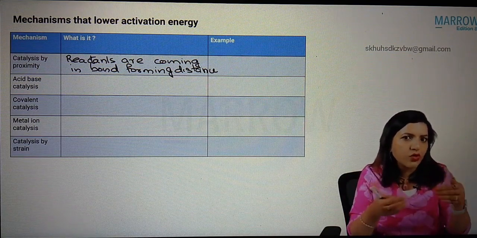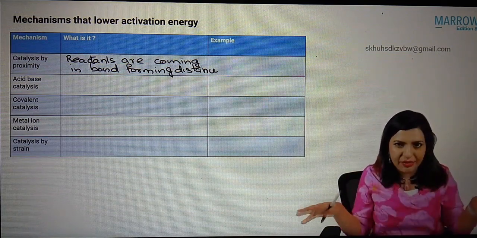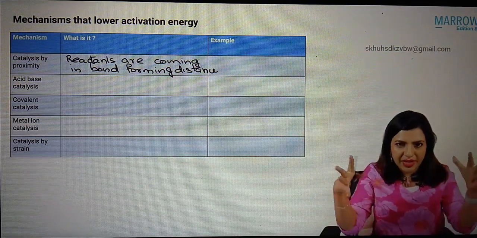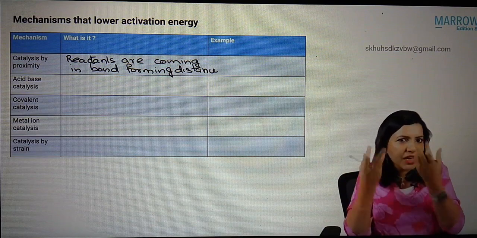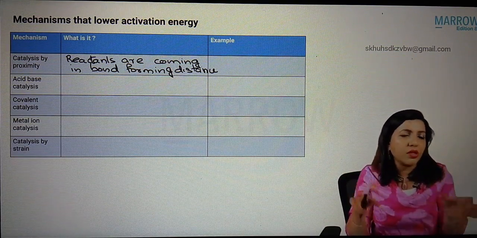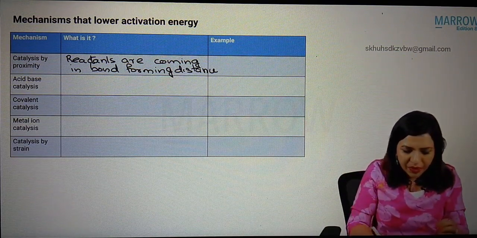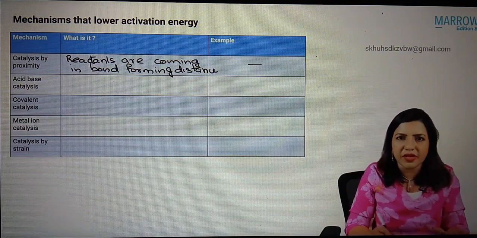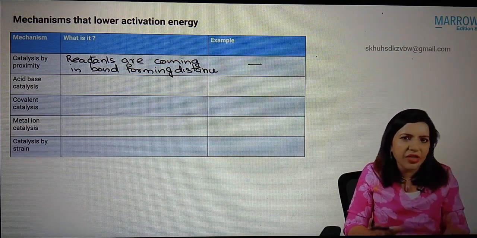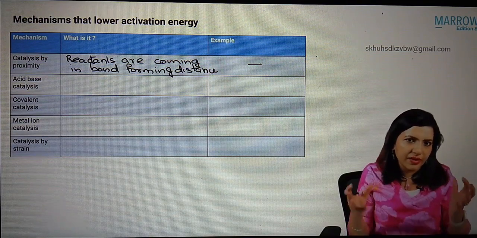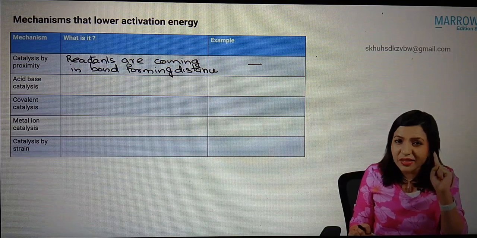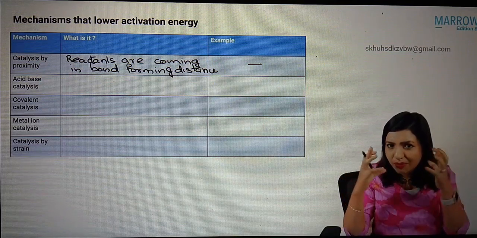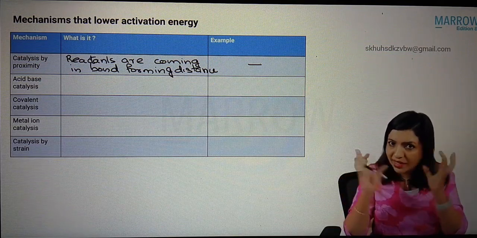This is what is called the lowering of entropy, where the randomness is reduced. There is no proper example for that. Almost every reaction is like this, where the reactants come in the bond forming distance. They should come proximal to each other so that the reaction can occur.